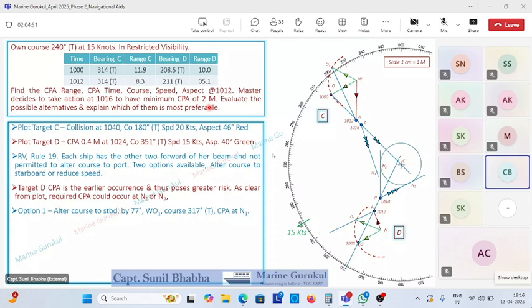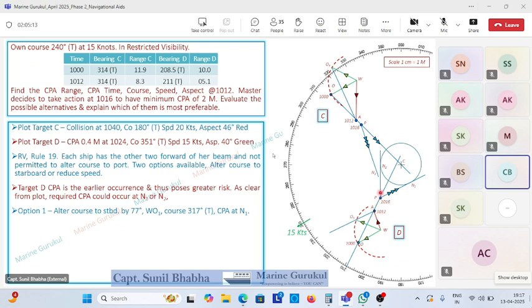Now let's see the second option. The second line of approach which we had, the second option was Papa November 2. So we can now draw this second line of approach, Papa November 2, from point alpha.